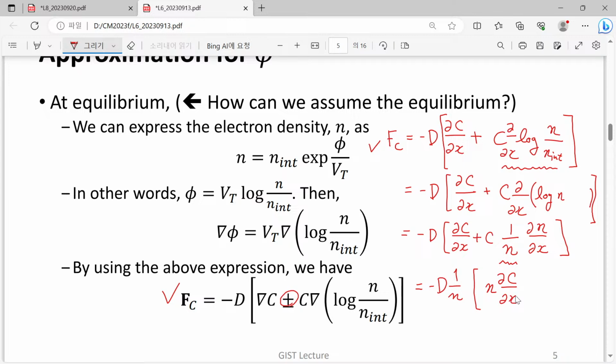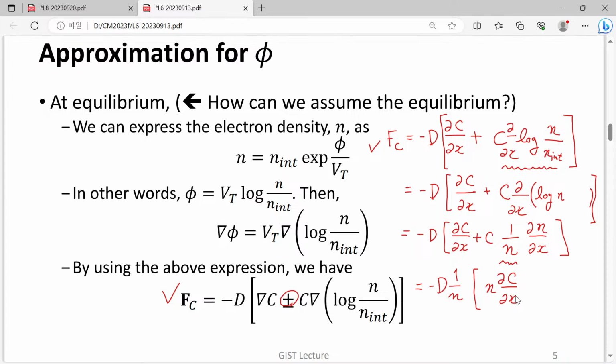Because we introduced a common factor 1/n that should be counterbalanced by this n. Here we also have C times ∂n/∂x.